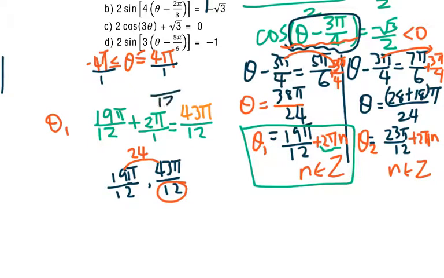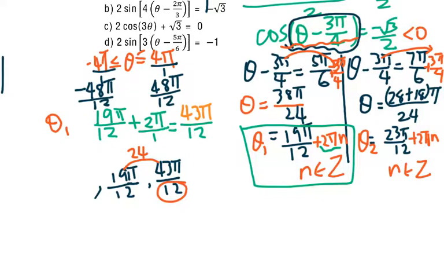I will get denominator 12 and 48 pi. Then for this part, it will be negative 48 pi over 12. Now, if I add another 24, it will be greater than 48 pi over the denominator, so I stop here.